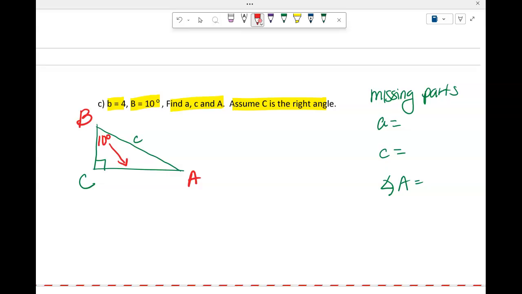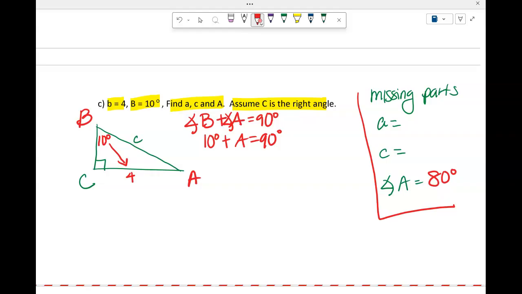Little leg b, remember, is always opposite, so this is 4. Currently we don't know angle A, but we do know B plus A, capital, when we say capital we mean angle, equals 90, right? If B is 10 plus A equals 90, then angle A must be 80 degrees. So we got 2 out of the 3 missing parts.